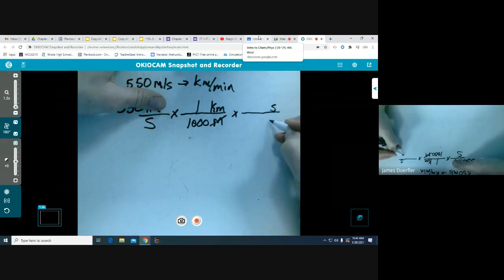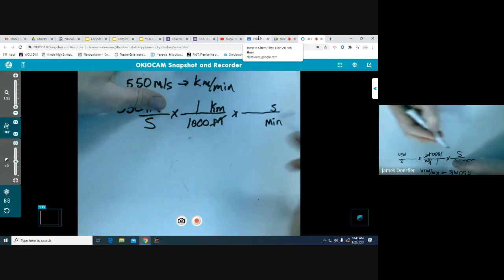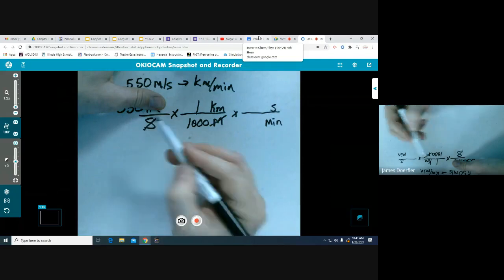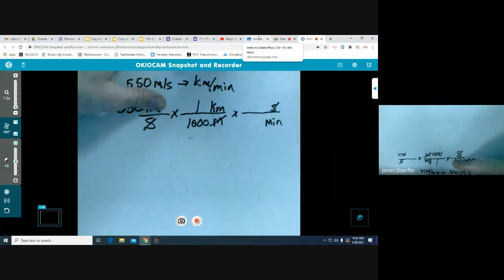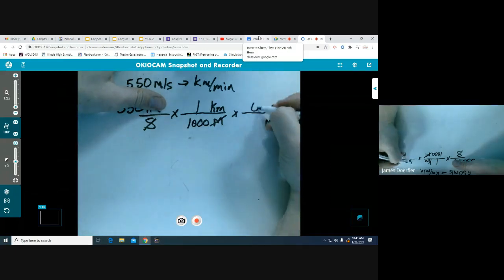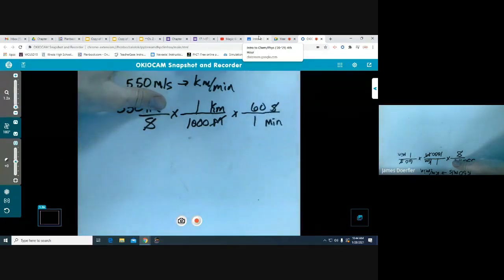Seconds goes on top. Minutes goes on bottom. Which means that our seconds cancels, but we still have a conversion factor we have to put in there. How many seconds go in a minute? You were thinking an hour, weren't you? Yeah. We have 60 seconds per 1 minute.